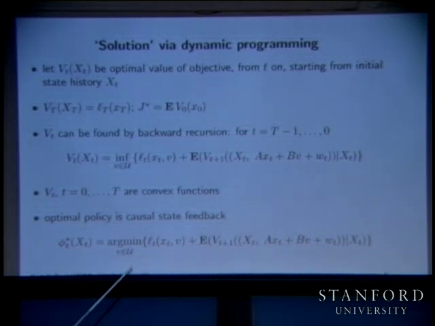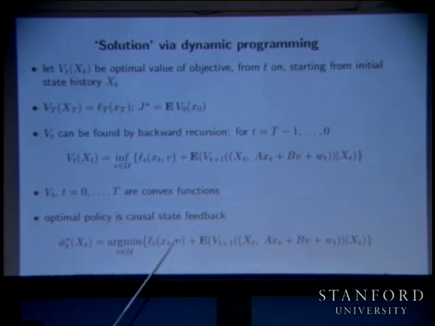You have observed capital X_t. So what you should do is minimize the current cost of a current action. That's the bill you're going to run up now. You know x_t, because this is conditioned on capital X_t. For that matter, you know the entire previous state history.